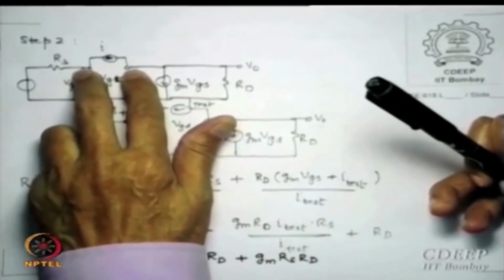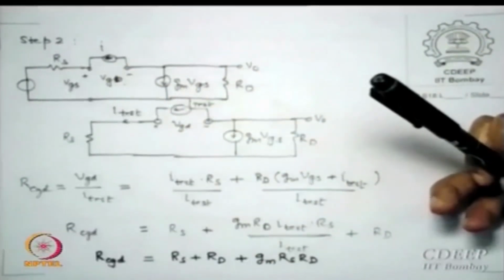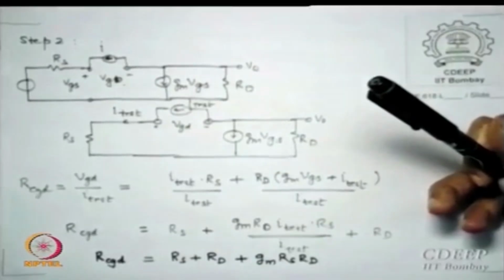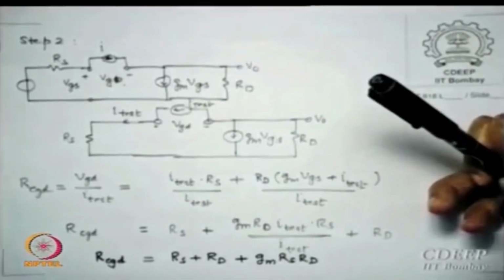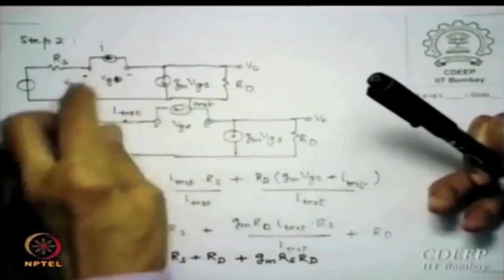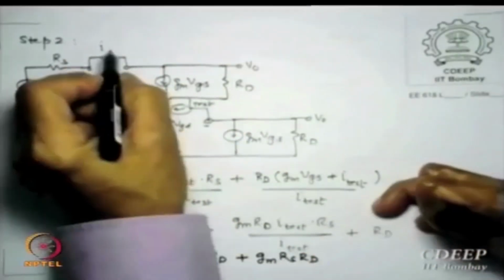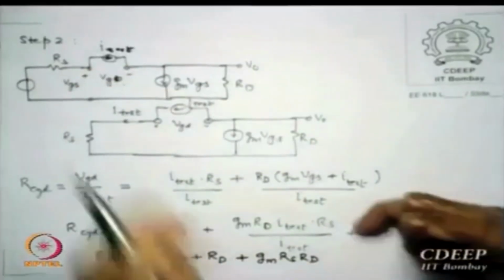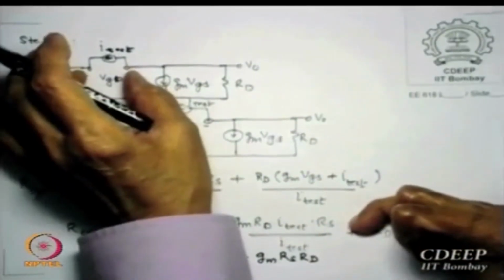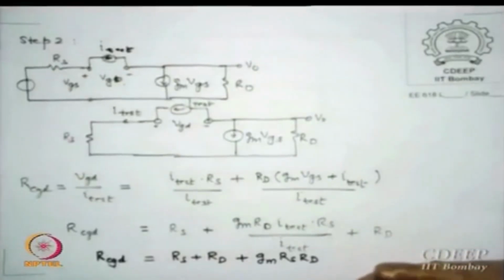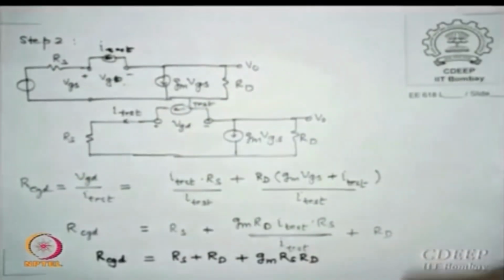How to get the resistance? Between any 2 points I apply either a voltage or current source and find the ratio there. Okay, so I applied I test. So I apply current source I test and measure a voltage across these 2 points. The ratio of the two, V by I, is the resistance seen by this.